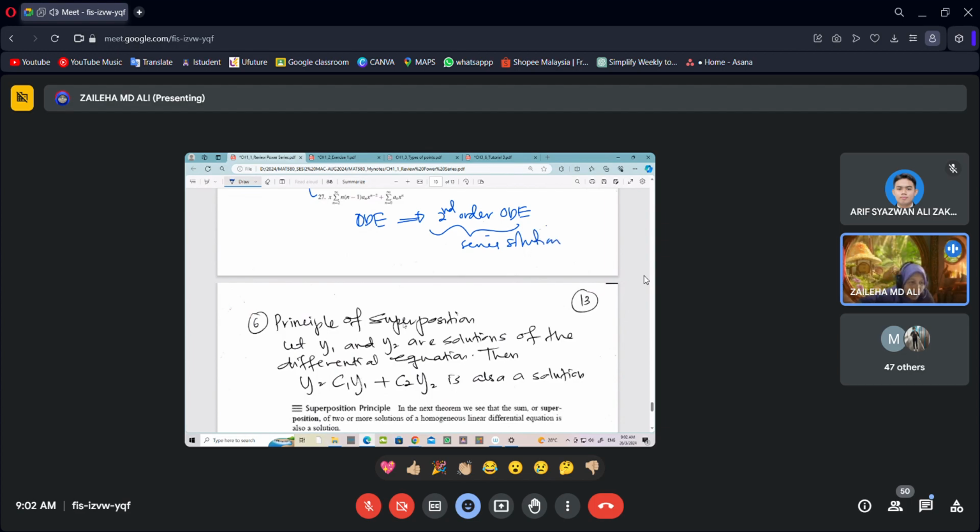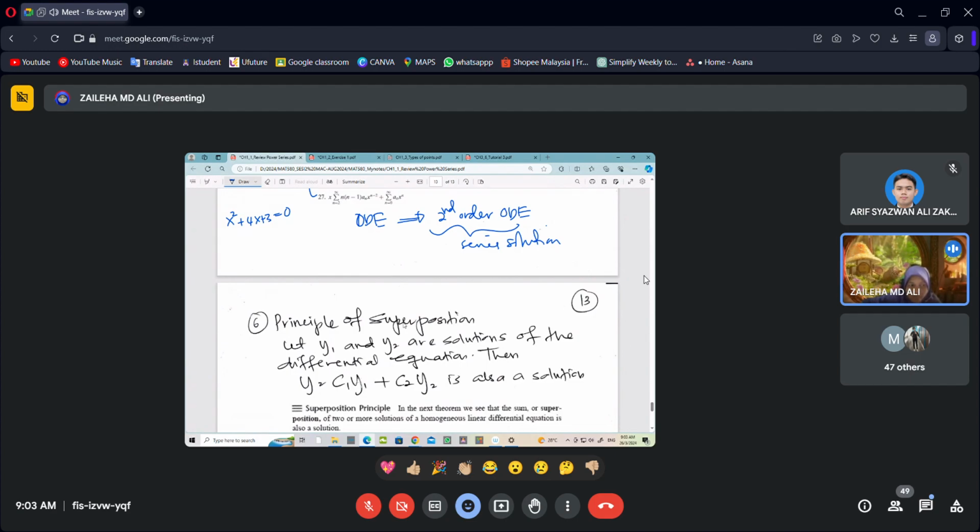Same concept as when you have a quadratic. Let's say I have x squared plus 4x plus 3. What would be the roots for this quadratic function? If we find the value of x, what do we get? How many values of x are there for a quadratic function?